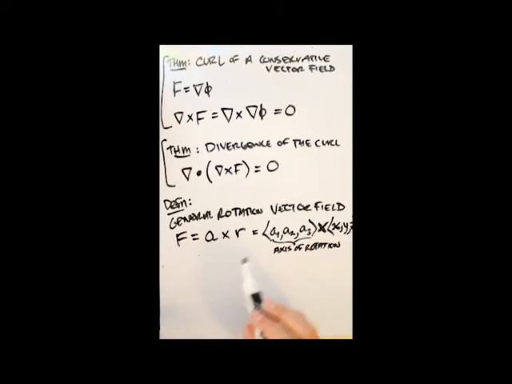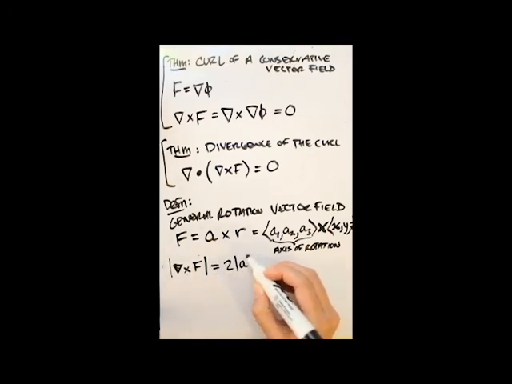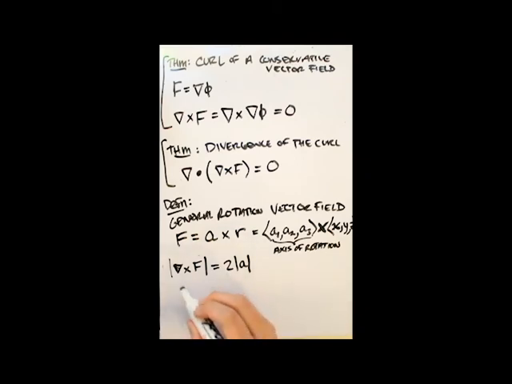Now there are some interesting consequences of this. The magnitude of the cross product of the del operator with F, or the curl, is going to be twice the absolute value of A. And the divergence, the del operator dotted with F, is going to be 0.